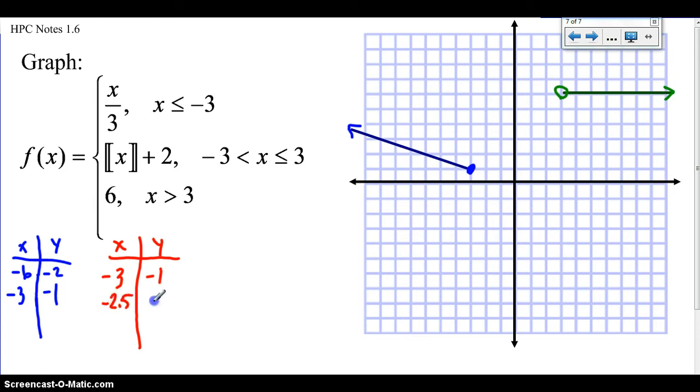I'm going to do -2.5. I'll get that same value. From here, I'm going to go -2 and -2, greatest integer is -2, add 2, and it's 0. At -1.5, I'd have the same value. At this point, I can actually go ahead and pick up the rule that we're going to be dealing with. Now, this has to be open here and open here.